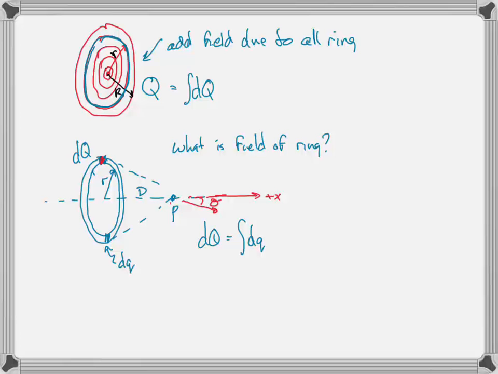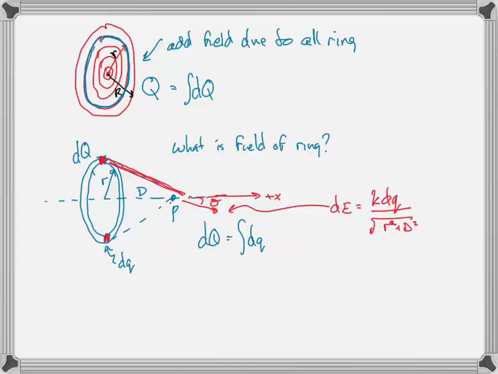The field due to just this little charge dq I'm going to call dE, which is equal to k dq over the distance squared, but the distance is the square root of little r squared plus d squared.